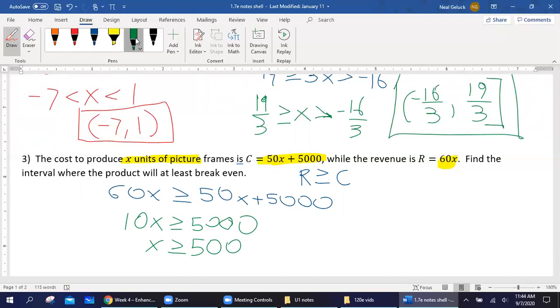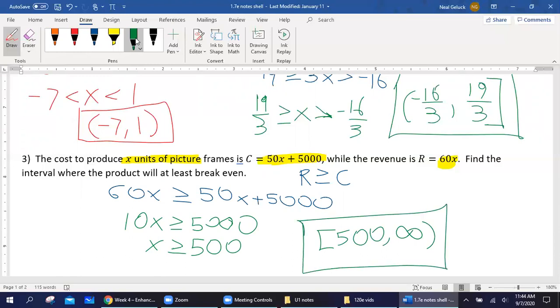So basically, if they sell 500 or more, they'll at least break even. 500 would break even, more would start to give them profit. This, by the way, is not a very good business model. It costs them $50 per frame to make. They're only selling them for $60 per frame. That's not a good margin, so a bad business.